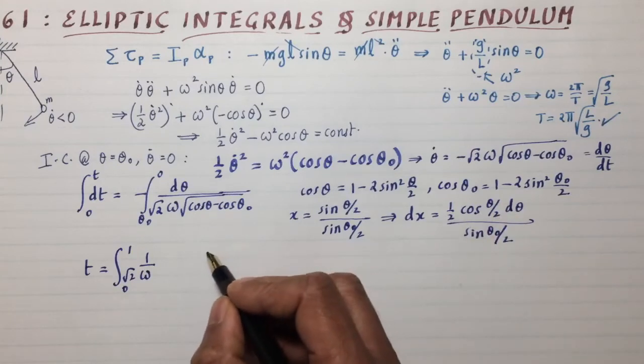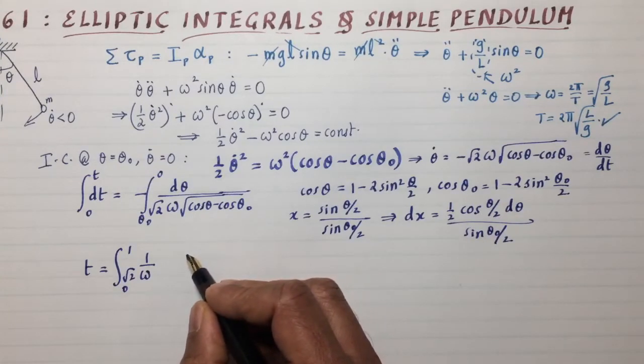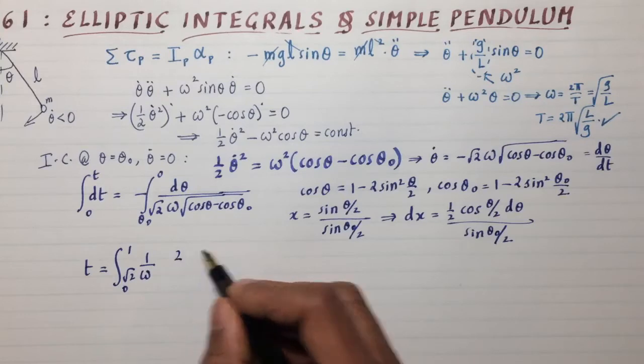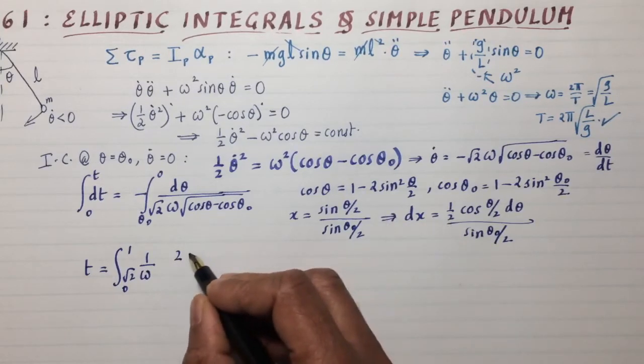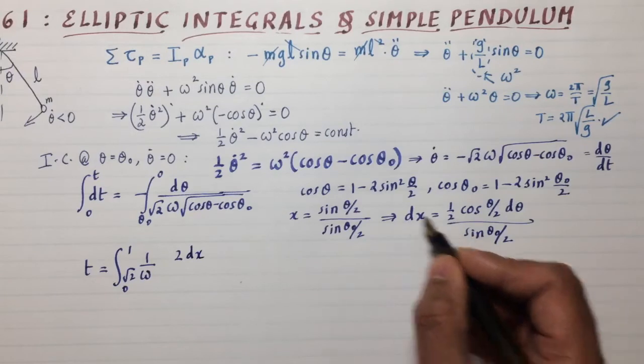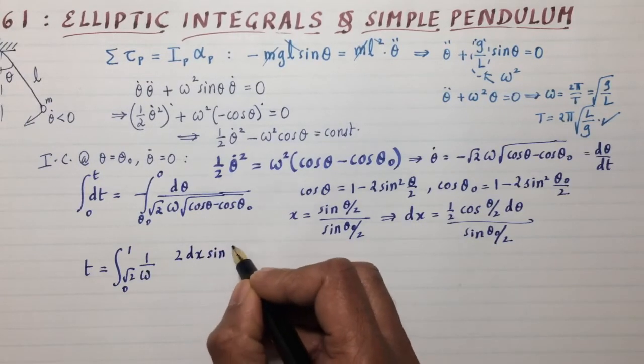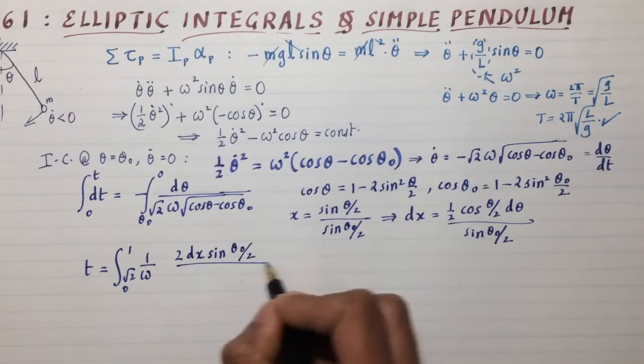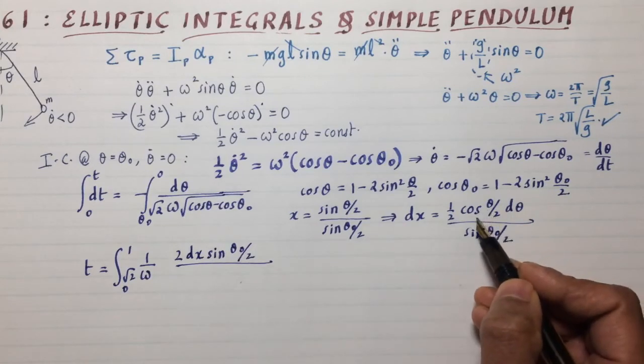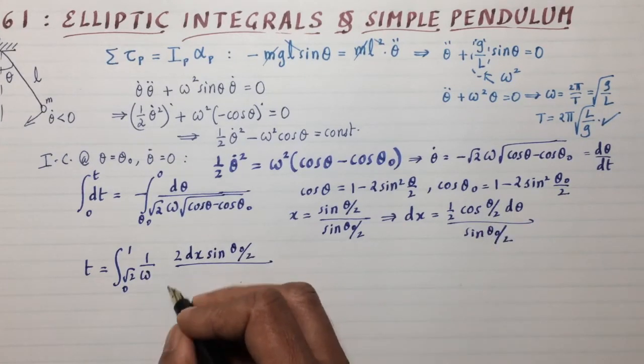So I can write d theta as 2 times dx, because that 2 comes over there. Then the sine theta naught over 2 also comes up here. And then I get cosine theta over 2. So let me write that.